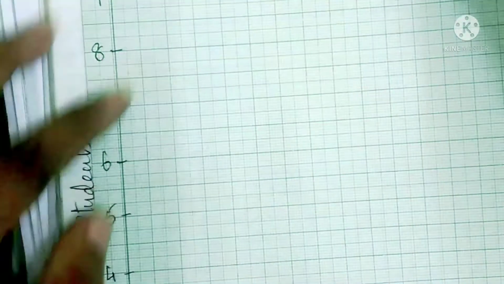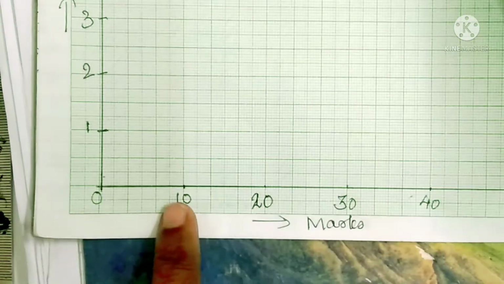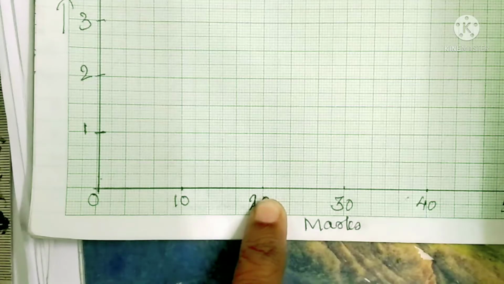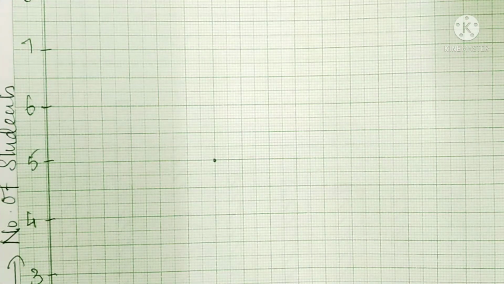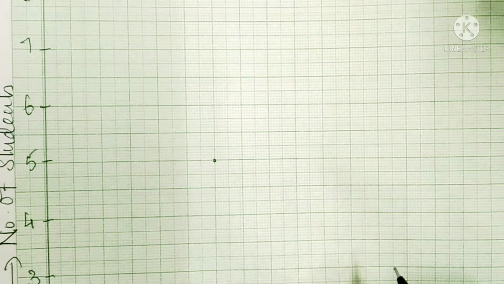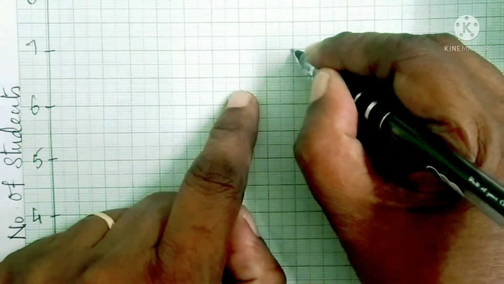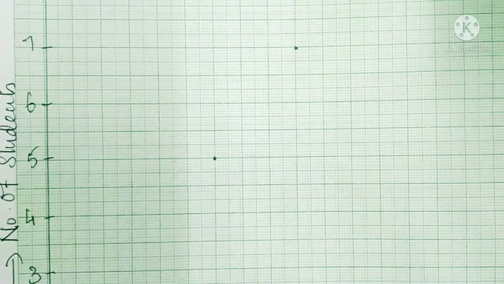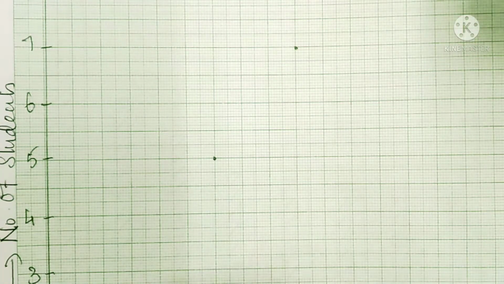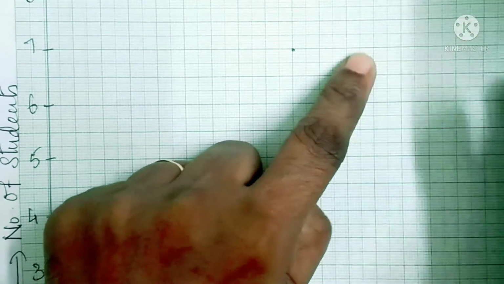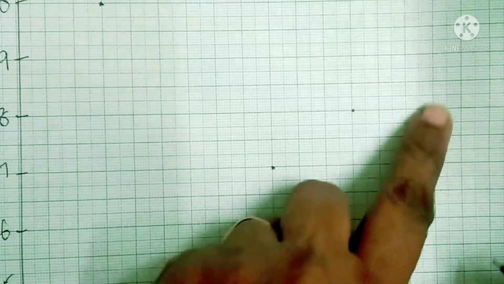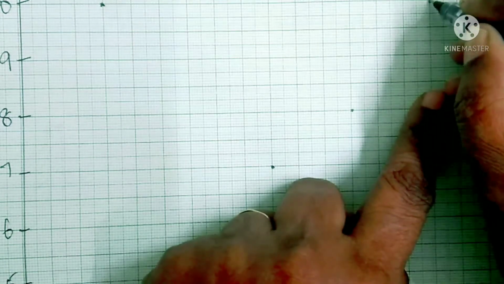Then 10 to 20: 5 students, so on 20 we will mark 5. On 30, that is 20 to 30, there were 7 students, so on 30 we will mark 7. And 30 to 40 is 8 students, so it will be here, and the last one is again 10.